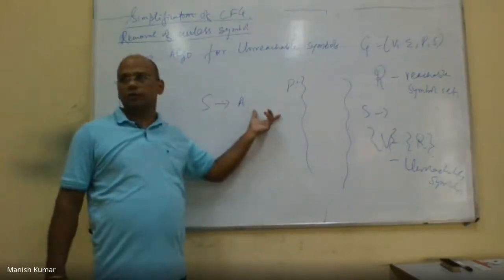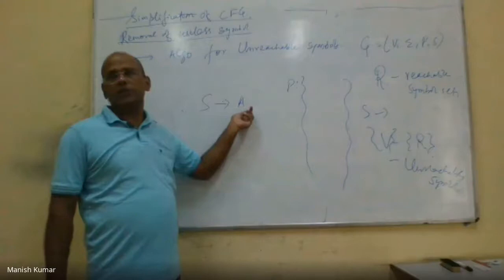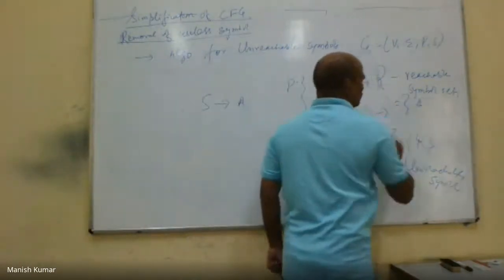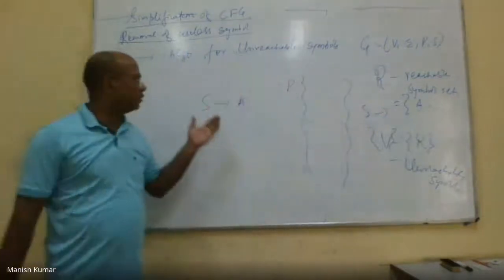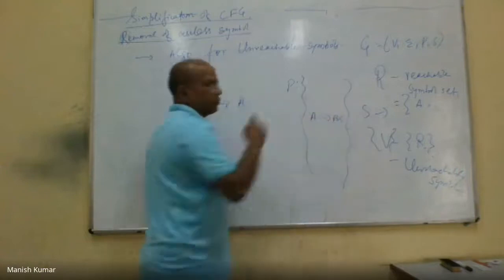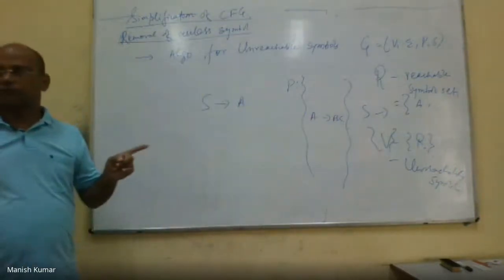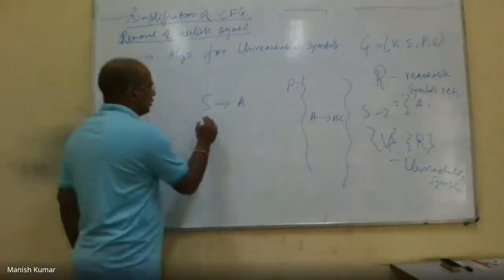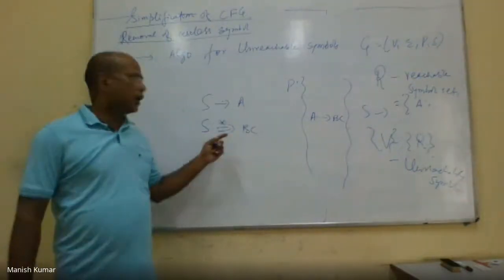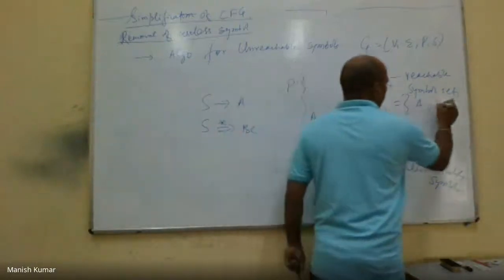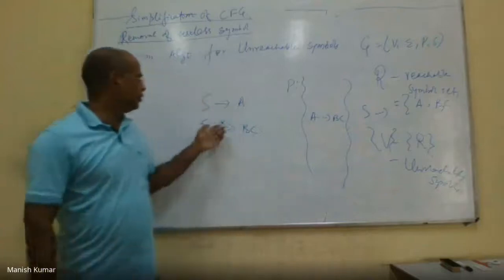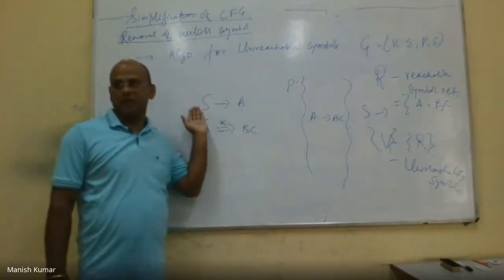Obviously, the moment S defines A, that means A is reachable, so my R set will start with A. Now, if A defines BC, there is a production rule like that, then S can produce BC. Now this set becomes B comma C. That means A, B, C are reachable from S.